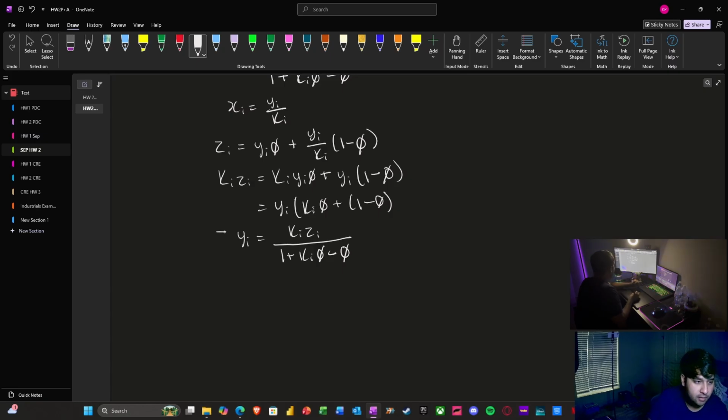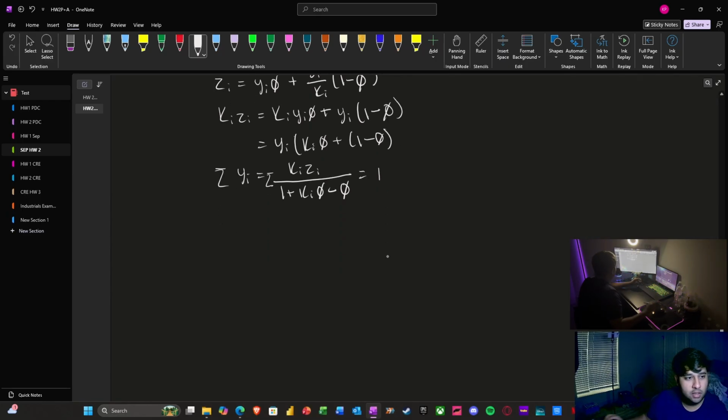Yep. So we're going to do the same thing and take the summation, and this is also equal to 1. But now let's say the summation of y_i minus the summation of x_i. This is basically just saying 1 minus 1 equals 0.